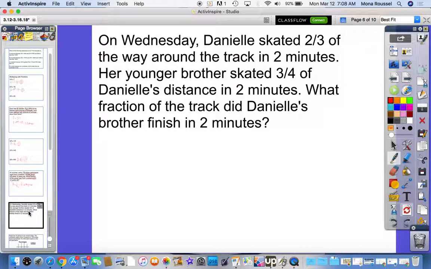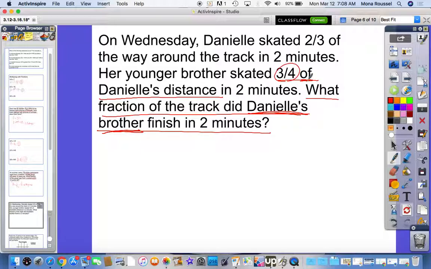On this one, on Wednesday, Danielle skated 2/3 of the way around the track in 2 minutes. Her younger brother skated 3/4 of Danielle's distance in 2 minutes. The question's asking, what fraction of the track did Danielle's brother finish in 2 minutes? So we want to know about Danielle's brother. When we go back to look at her brother, we know that he skated 3/4 of her distance.